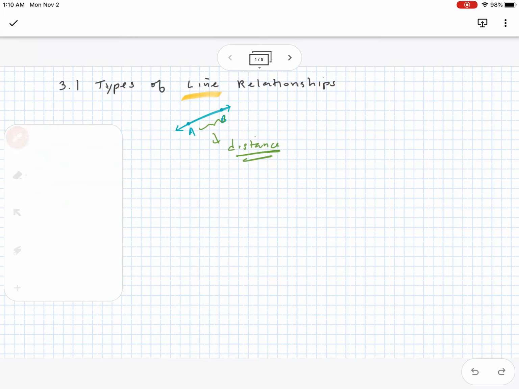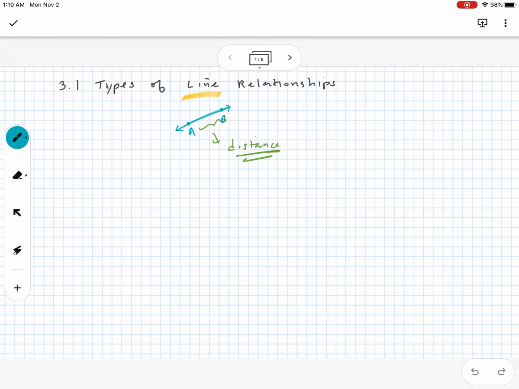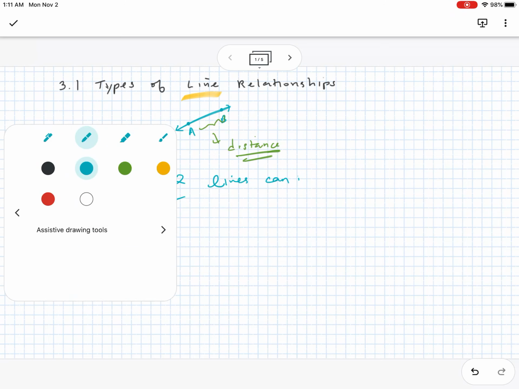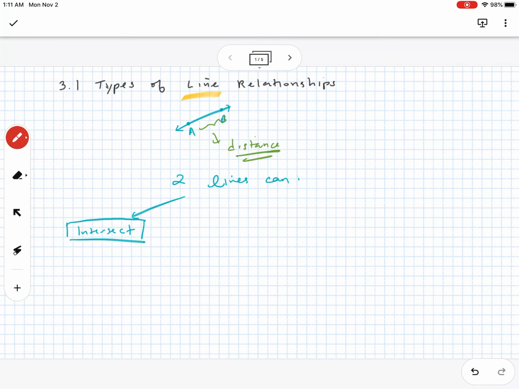So one of the most basic things we want to know is how two lines can relate to each other. So in general terms, two lines can, and then there's three types of relationships. So the first one is called intersect. So two lines can intersect.